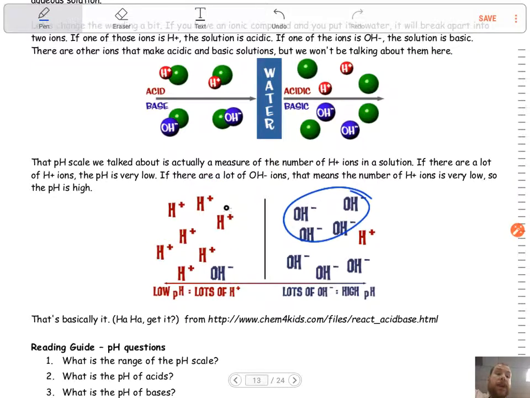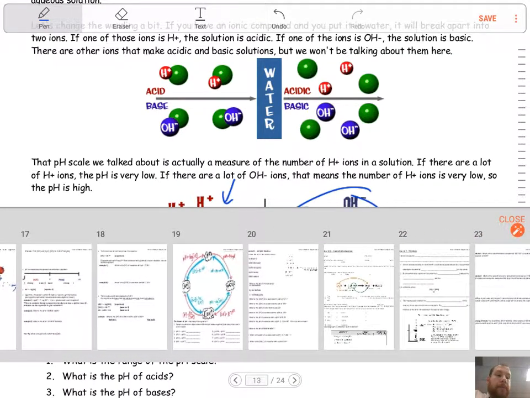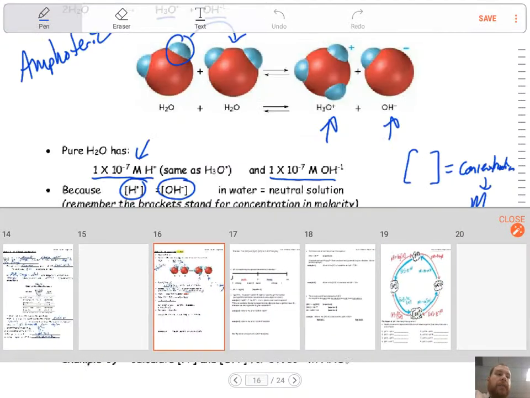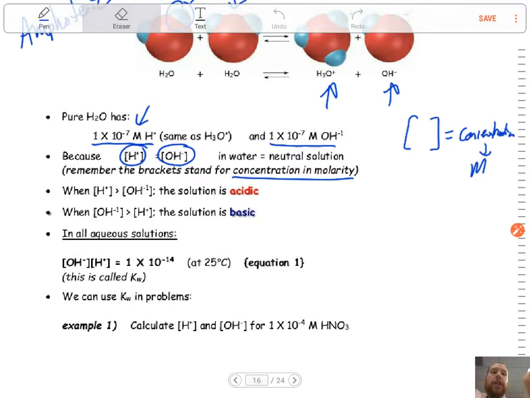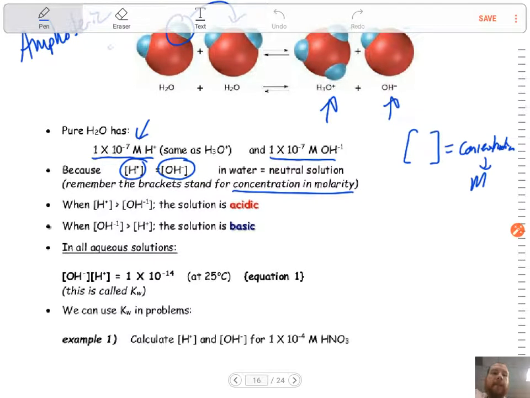Now, I know this picture is showing that acidic means you have more hydrogen ions and only 1 hydroxide, so that's why it has a low pH. And if it's basic, it has a high pH, it's got more hydroxide. We're talking here about when they're equal, okay? So even though we're doing math, think back conceptually, what's happening with the ions? Taking it a step further, I'm going to get my highlighter out.